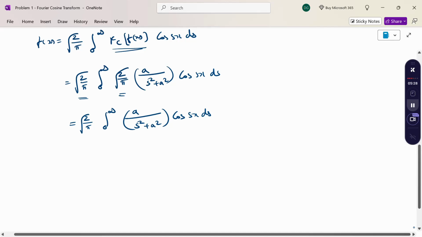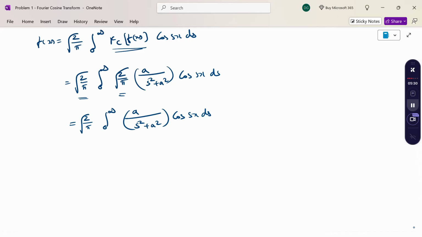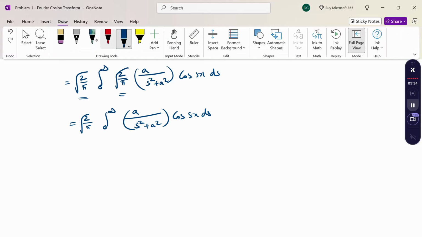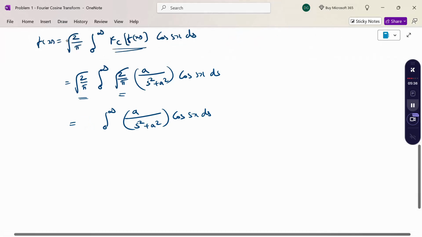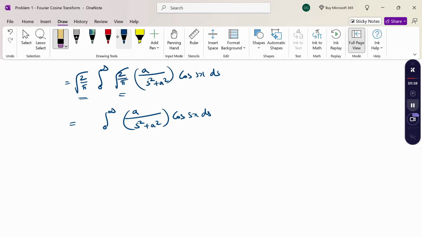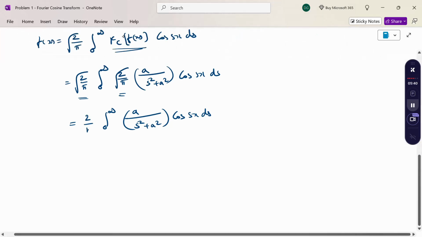Now take the constant out. Root 2 by pi into root 2 by pi is 2 by pi. So we get 2a by pi, integral from 0 to infinity of cos sx by s square plus a square ds. This equals f of x.